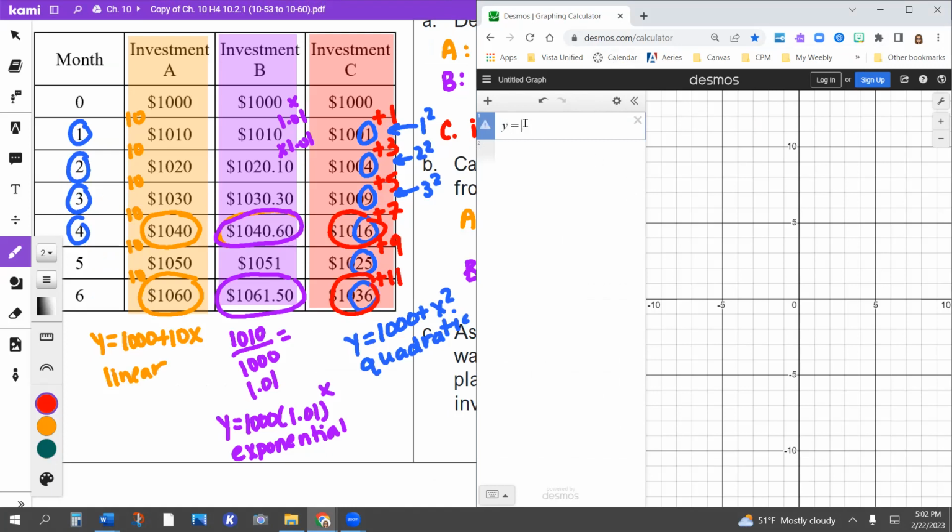So y is equal to 1,000 plus 10x. Y is equal to 1,000 times 1.01 raised to the power x. And y is equal to 1,000 plus x squared. Let me just get this up so we can see it.